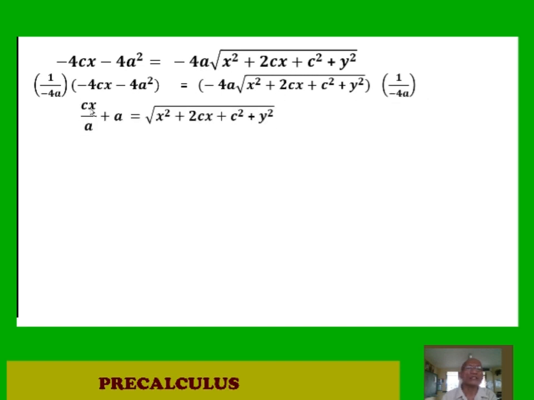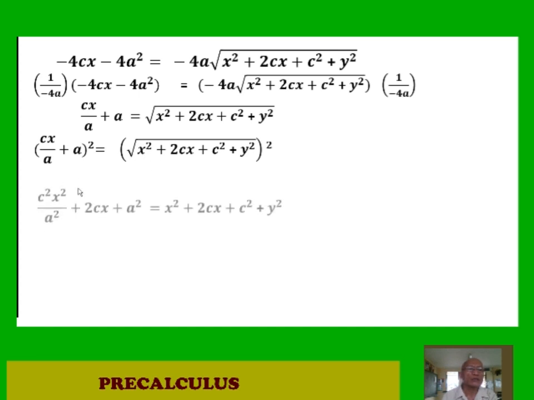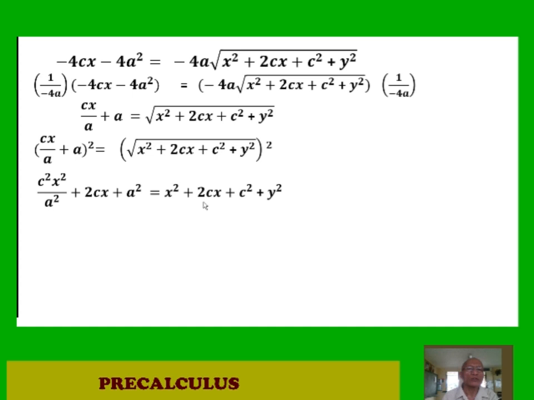So the result is cx over a plus a, and we are left with one radical symbol at the right side. Squaring both sides again to eliminate the square root sign, so there is no more square root symbol.